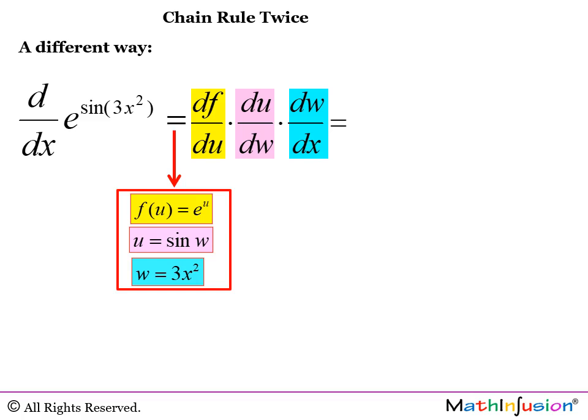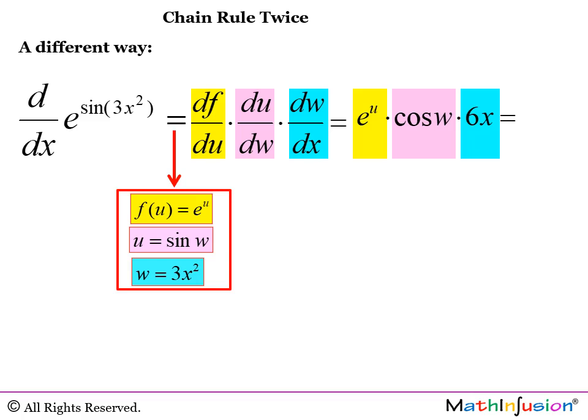You can really cancel the du and the dw, and you see that indeed you will get df/dx. So now the only thing left to do is to find df/du, which is just e to the u, du/dw, it's cosine w, and dw/dx is 6 times x. And we get that.